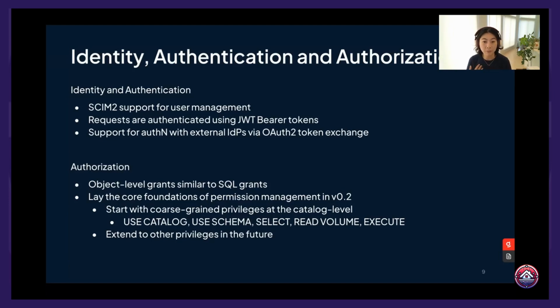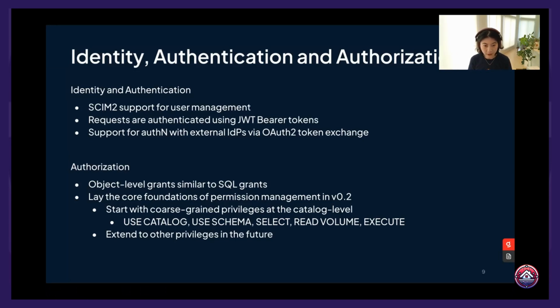And we plan to, of course, extend these to other privileges in the future. But as you can see, there is already a ton of work that went into even just this: now we have users, they can be authenticated, and we have Google IdP support and OAuth support, and also all of these object-level grants. So that's a high-level look at the governance primitives that we added.